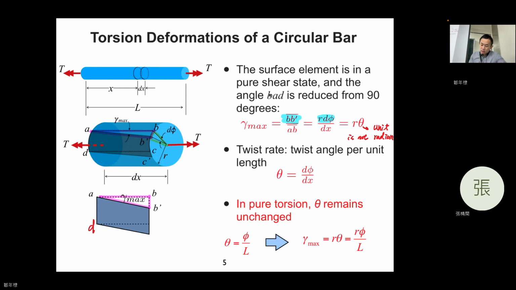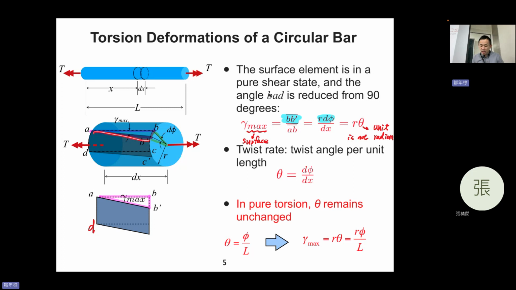And later we will tell you why this is max, because this is on the surface. Later I will tell you why the shear on the surface is the max. Okay, so in pure torsion, theta remains constant, unchanged. So theta is equal to phi divided by L, which means they have an equal rate of displacement.